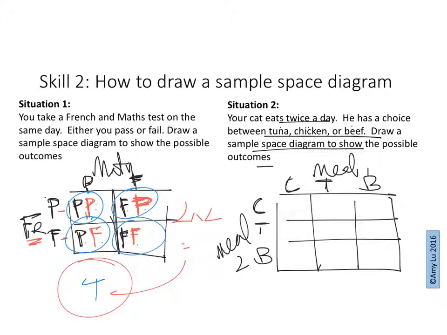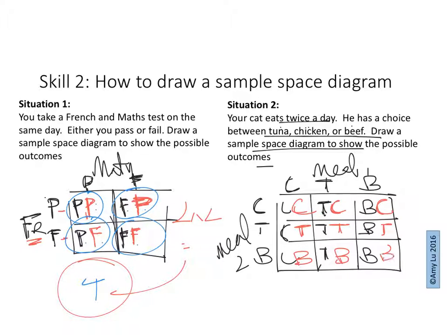Now you just have to write down their options. For the first meal, you can have chicken, tuna, beef, and you continue filling out the table in this way to show the first meal. And then the second meal, he can have chicken, and I'm going to fill it in straight across. This is tuna, because this is the T line. And then this is the B line, the beef line.